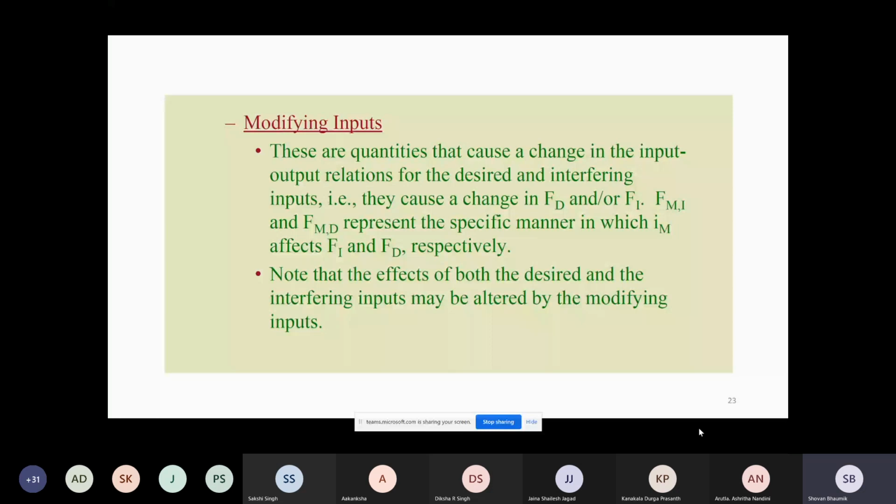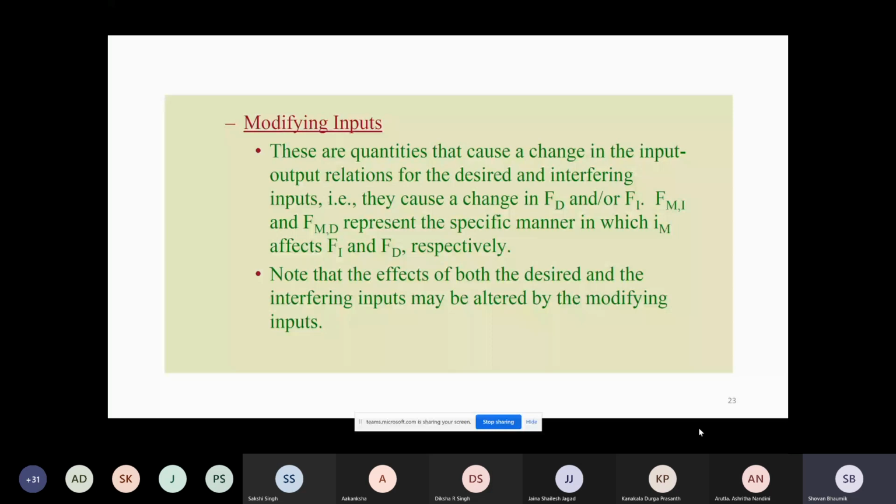So they can change FI, the transfer function of the interfering input, and FD, the desired transfer function. Note that the effects of both the desired and interfering inputs may be altered by modifying inputs.